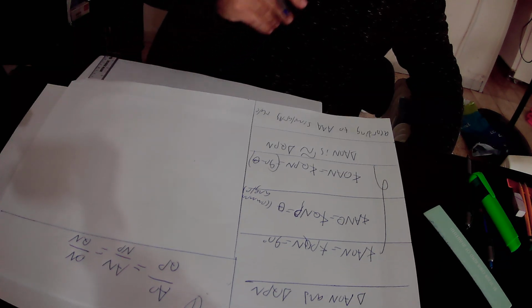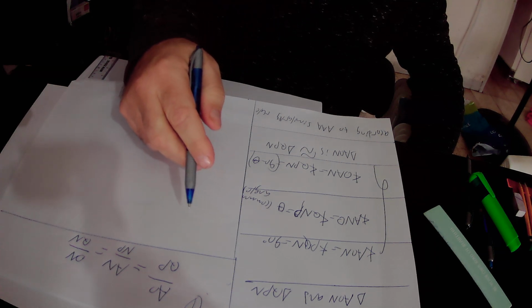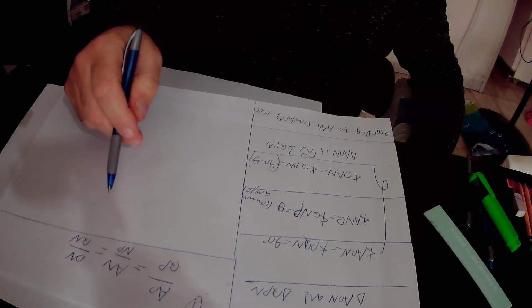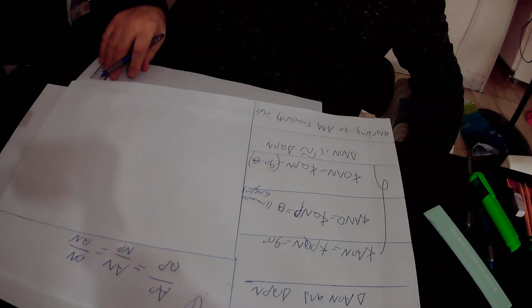So now we find that AO over QP equals AN over NP equals ON over QN.